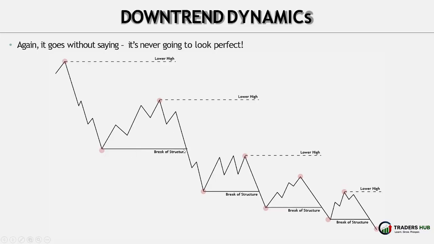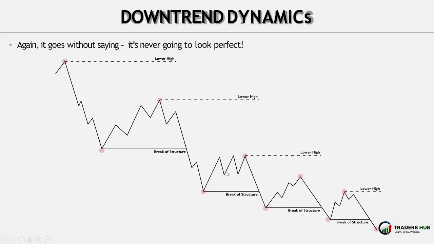You can see that this is now a lower high and that has been confirmed by a break of structure of the previous lower low. And as usual, whatever comes inside that previous lower high and lower low is all an internal structure.